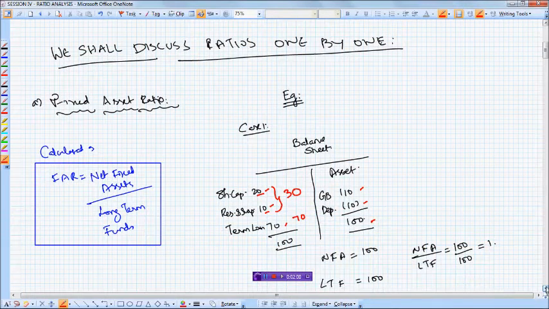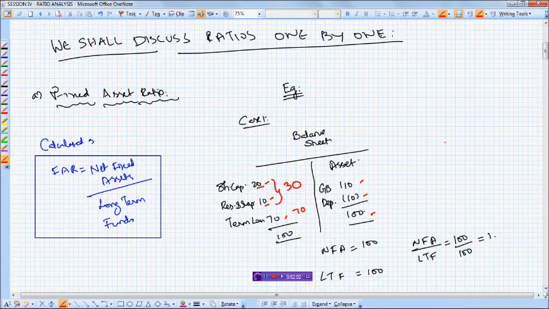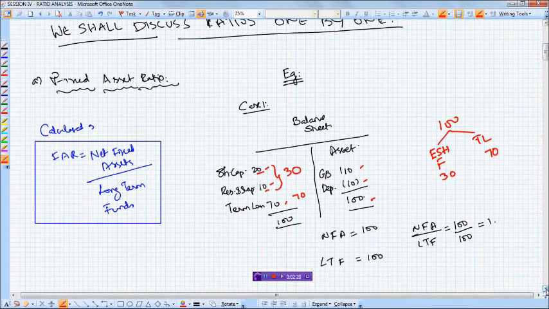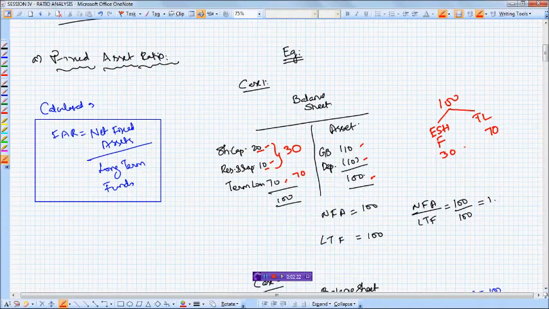So here, from this balance sheet, what we can understand is this 100 rupees is funded by two parties. One is equity shareholder funds, the other one is outsider funds, which is in the form of term loan. So 30 and 70. But if you notice, both these funds are in the form of what?